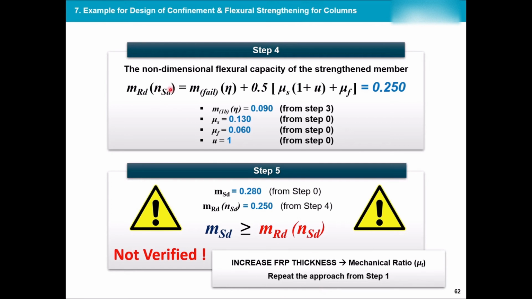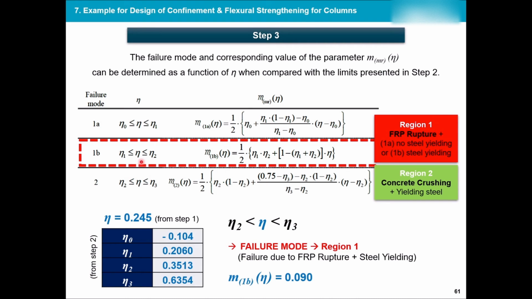And now we simply go back to the formulation that we had in the beginning, the non-dimensional flexural capacity of the strengthened member, considering the actual force that you have on it. Mi S, Mi F, and U were calculated from step 0, and I just calculated this bit of the formulation considering my eta and the ranges that the eta had.